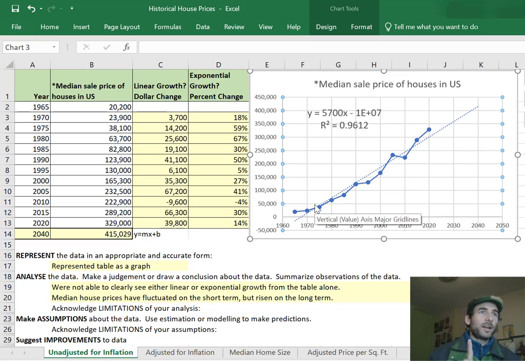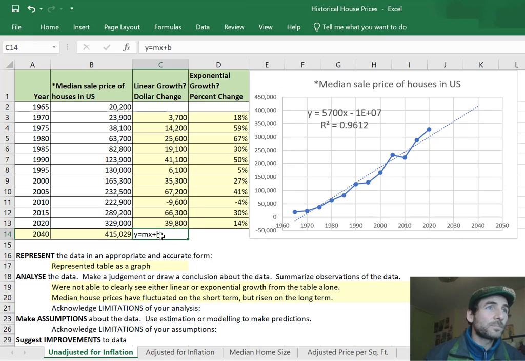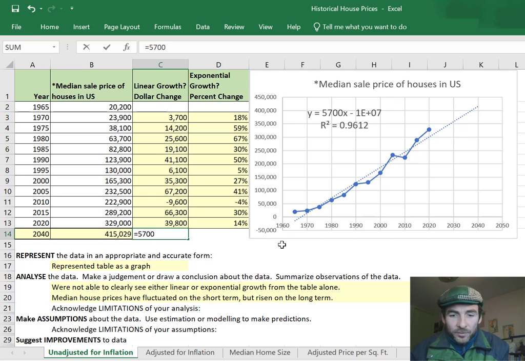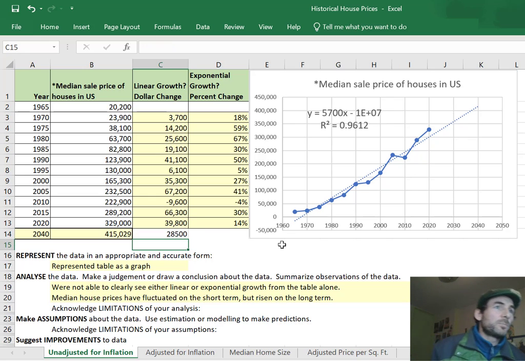That's per year. Now it's not every 5 years, okay? So like if I did 5700 times 5, it's more like 28,500. So it's kind of like the average of these increases is about 28,500. That's every 5 year period.